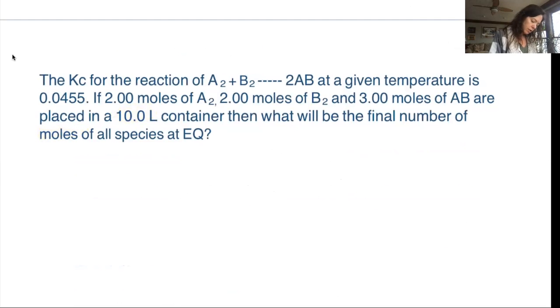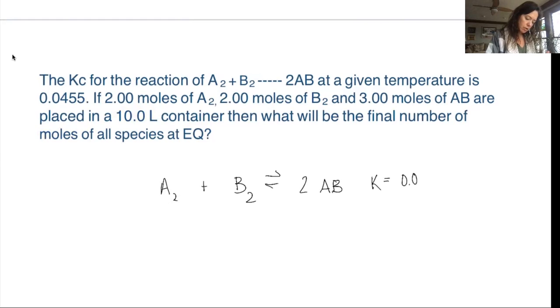Okay, so I've got this equilibrium system: A2 plus B2 yields 2AB. K, I'm told, is equal to 0.0455, which is equal to the concentration of AB squared over A2 times B2.